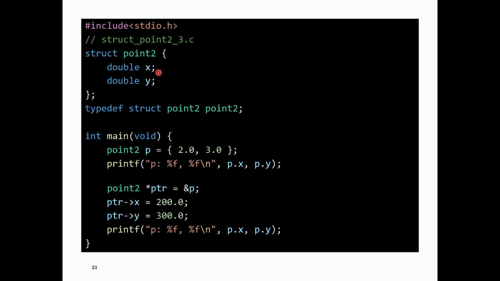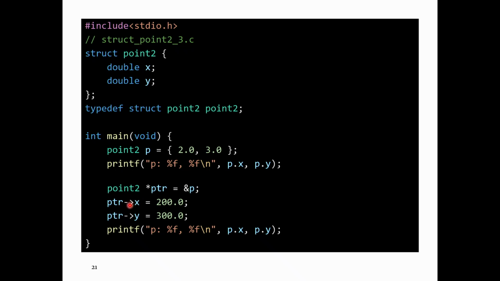Okay, so again, there's our point2 struct. There's our typedef. Here's my point p. I'm now going to take a pointer to my object p. So the pointer now points to the point object having the coordinates 2, 3. And now I'm going to use the minus greater than operator to access the x variable belonging to the structure.